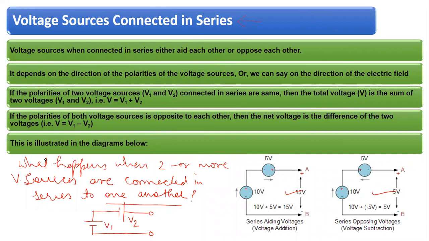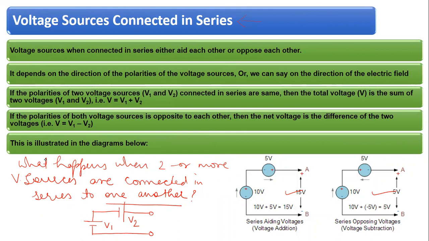So they have to be connected in series basically, and also as we know that the voltage sources ideally have zero resistance, or practically also they have negligible resistance.